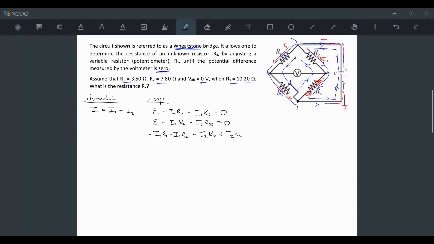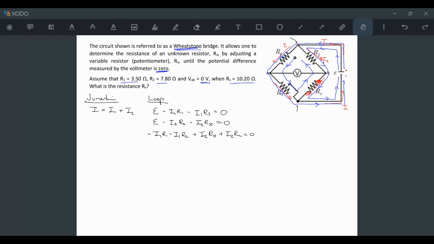And hopefully, maybe you guys need to just quickly do the addition or subtraction on your own. But if I called this equation 1, this equation 2, and this equation 3, hopefully it will be pretty clear that equation 3 is equal to equation 1 minus equation 2.